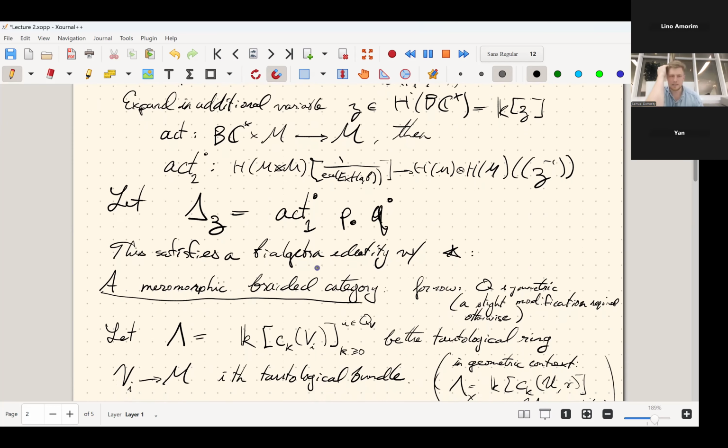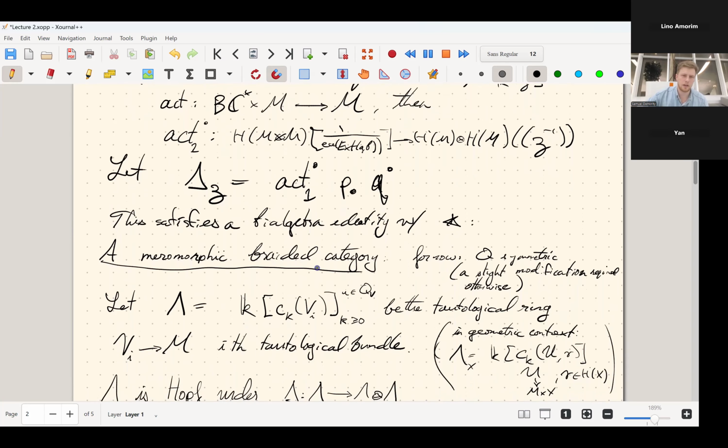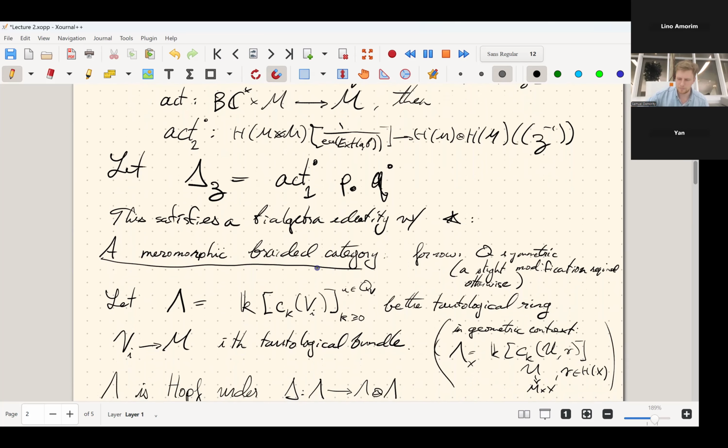Now, because these are objects in an abelian category, every object has a C star worth of automorphisms, which you can encode in an action of the stack BC star.